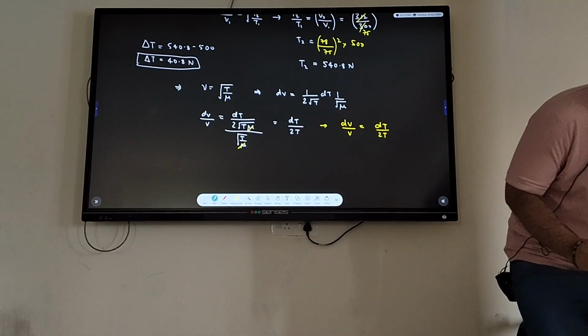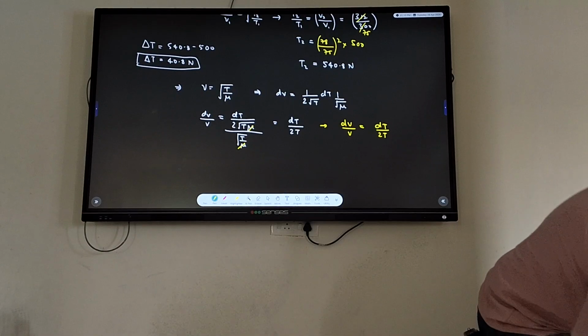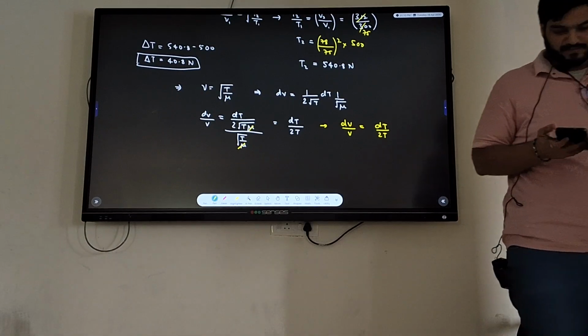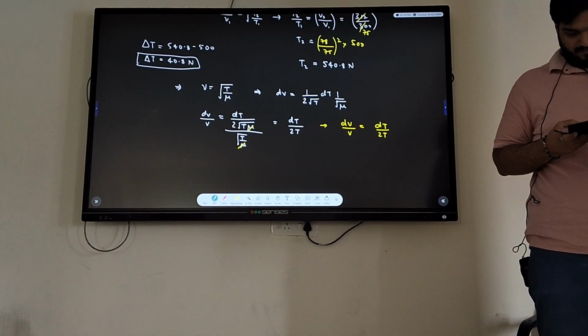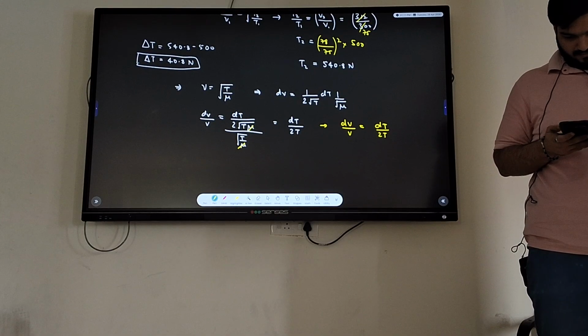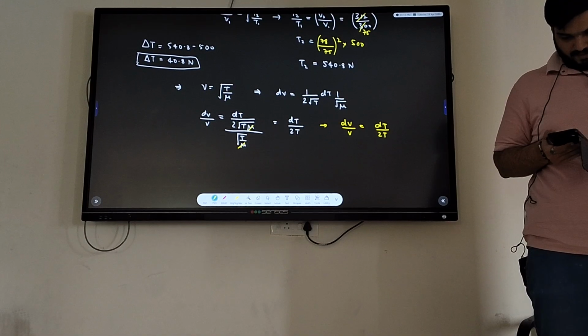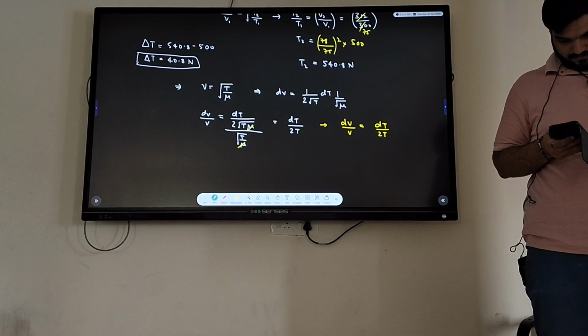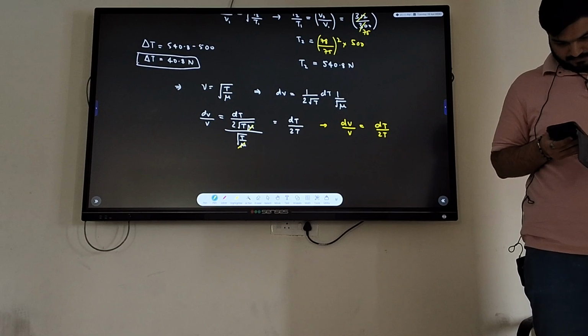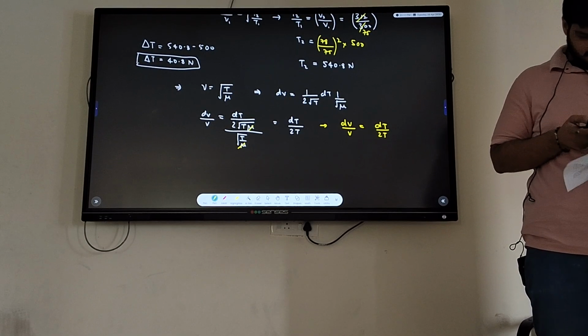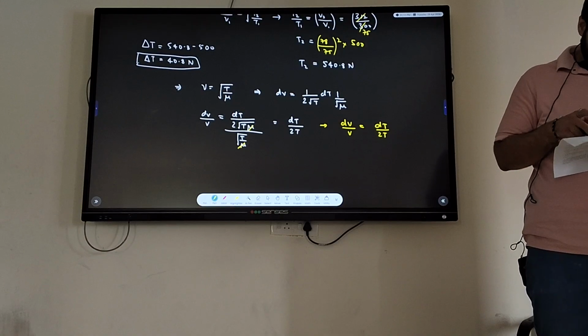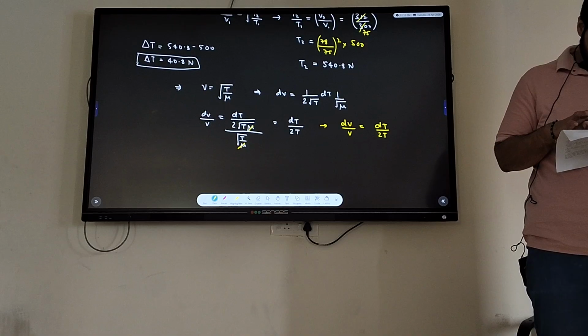So let's see. dV is 12 meter per second.